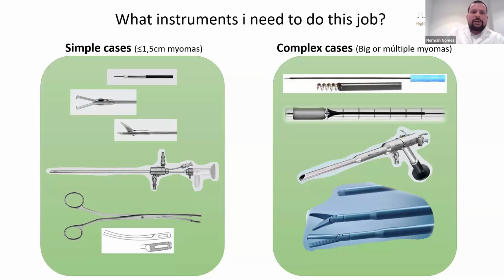Like all endoscopic surgery, this kind of surgery is instrument dependent. So normally I usually use these instruments to approach this case. In a simple case, and in my opinion, simple case means a myoma of less than 1.5 centimeters, or less than 1 centimeter.